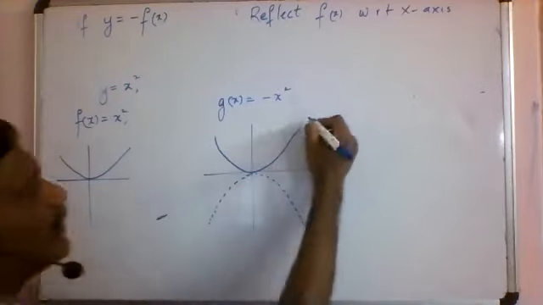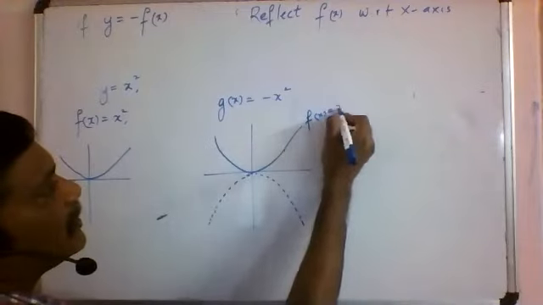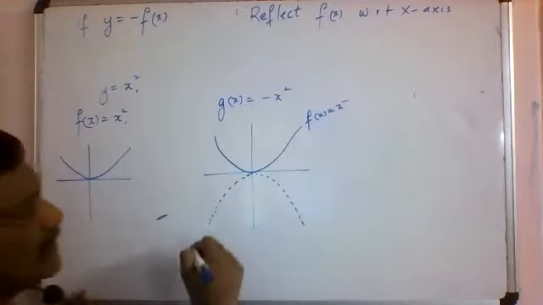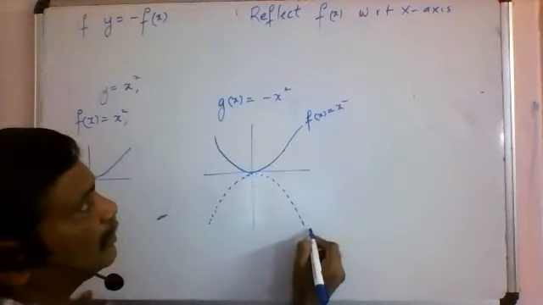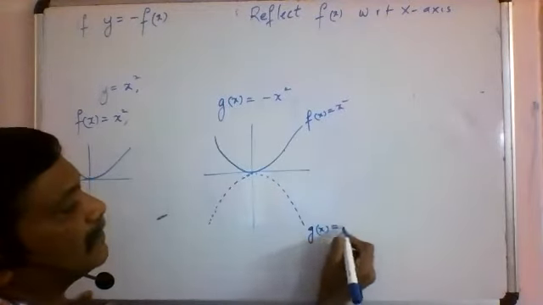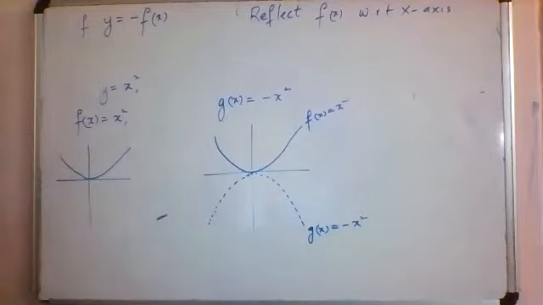So this is f of x is equal to x square, original graph. When I keep minus, you have to take the reflection of the original graph with respect to x-axis. Now this is going to be g of x is equal to minus x square. Very simple. You take any example, but the thing is, take the reflection.